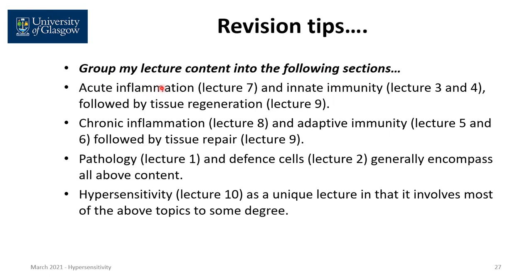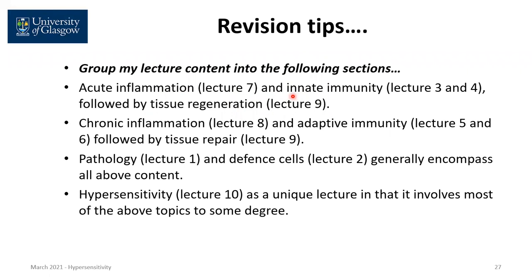So I would group the acute inflammation lecture 7 with the innate immunity lectures 3 and 4. And generally speaking, acute inflammation is always followed by regeneration of the tissue. So you get resolution of disease, and we've covered that in lecture 9. So that would be the first thing I would worry about learning.